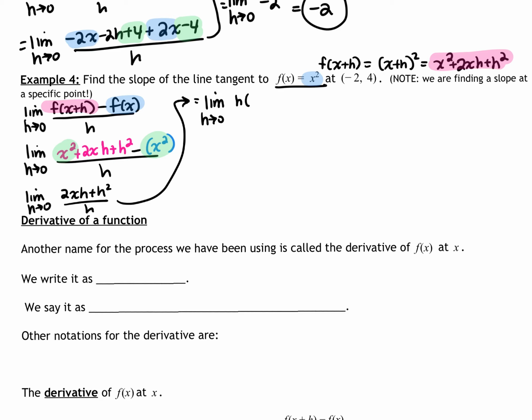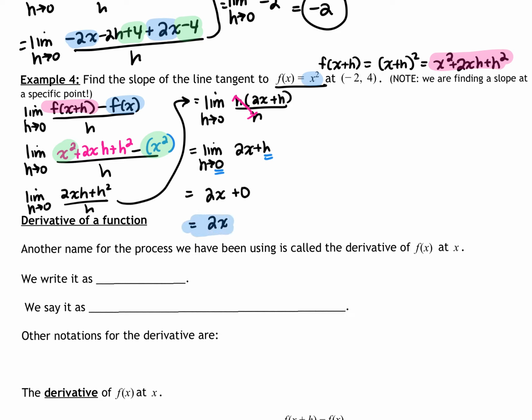So I'm going to factor out an h so that I get my giant 1. And I have 2x plus h as my limit. Now is when I can go ahead and plug in 0 for h. And I'm going to get 2x plus 0, which is just 2x.